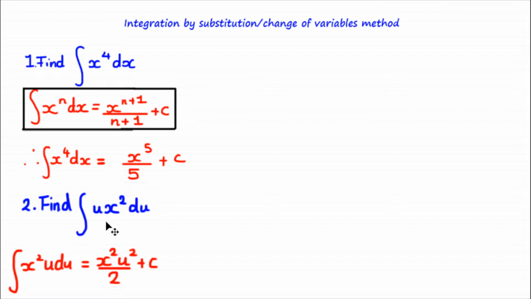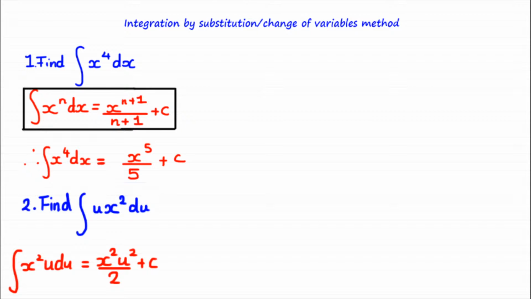That means it treats all other terms apart from our u terms as constant. So imagine the x squared term was constant. You would simply integrate u by adding 1 to the power, which gives 2, and dividing by 2, and that gives us the answer. Make sure you don't get tripped up on that. It is a potential exam question.